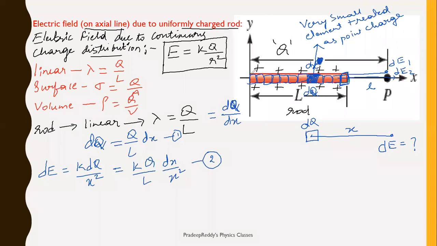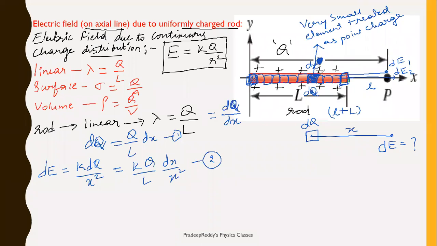Like that, if you go to the last element, it is at a distance from here to here of small l plus capital L. Therefore, the first element is at distance l, and for the last element the separation will be small l plus capital L. Now I am taking this dx, the length of a very small element, at position x.